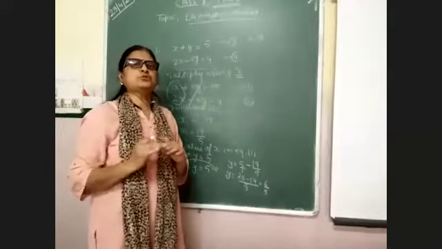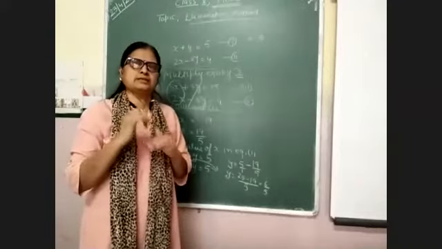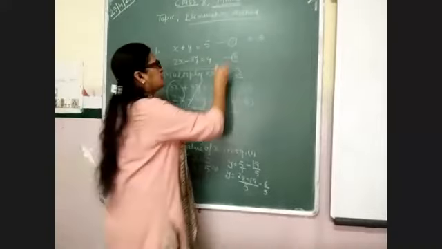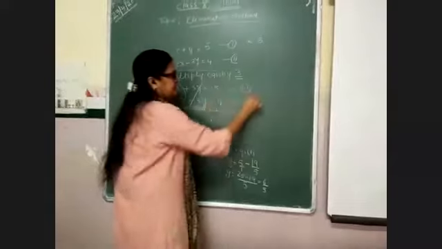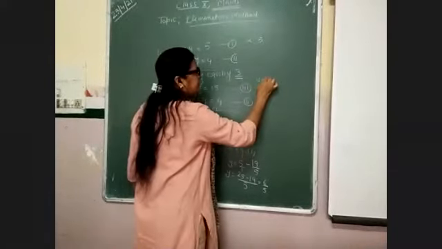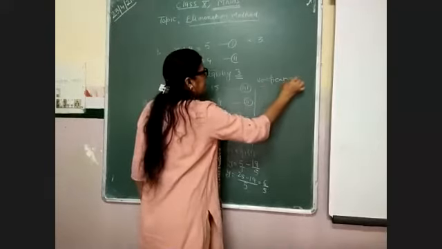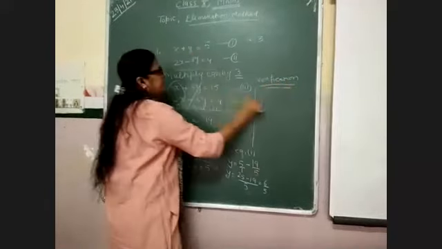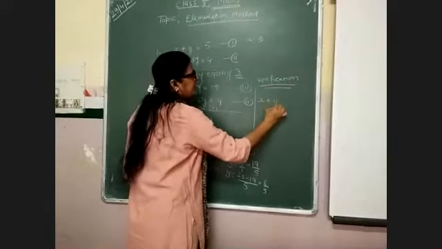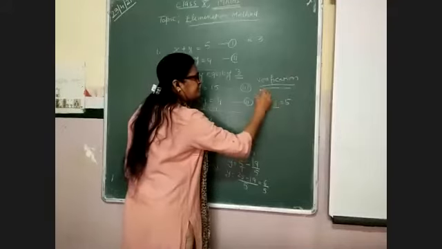Yesterday I told you how to verify whether your answer is correct or not. Take any one of the equations to do the verification. X plus y equal to 5. Here the value of x is 19 upon 5, and y is 6 upon 5. This is your left hand side.